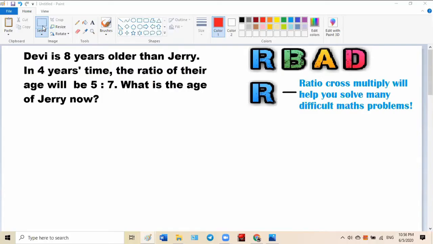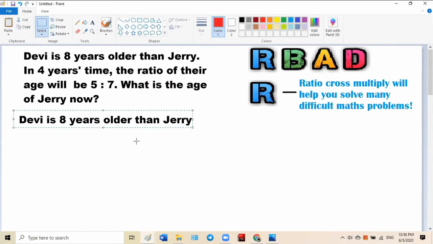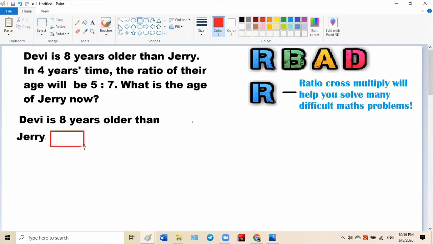In this question, it says that Davy is 8 years older than Jerry. So we start with a diagram, which is easier to understand, where we mark out Davy and Jerry. Assuming Jerry as a unit, just a box, Davy has to be 8 years older.